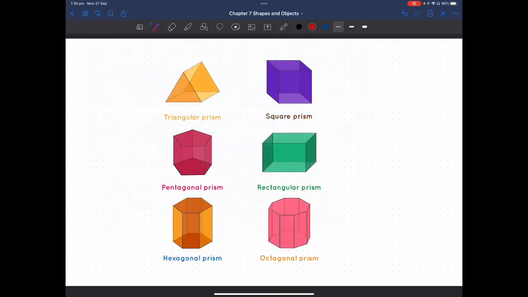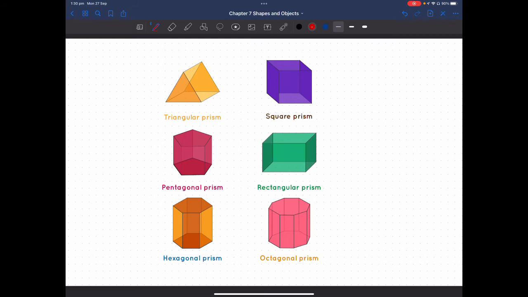Here we have some different shapes. We have a triangular prism. It's called triangular because its ends are triangles. A square prism or a cube because its ends are squares.